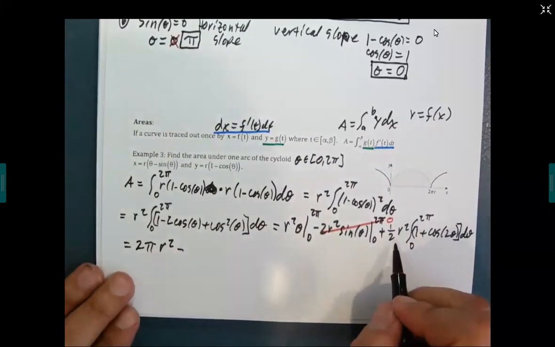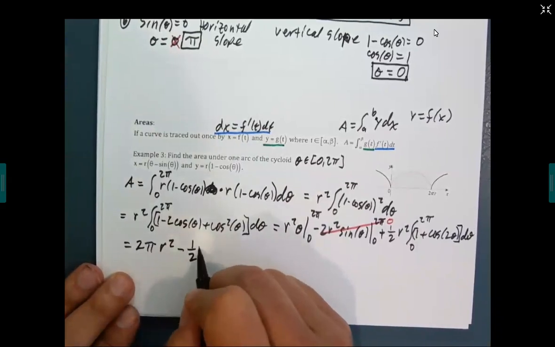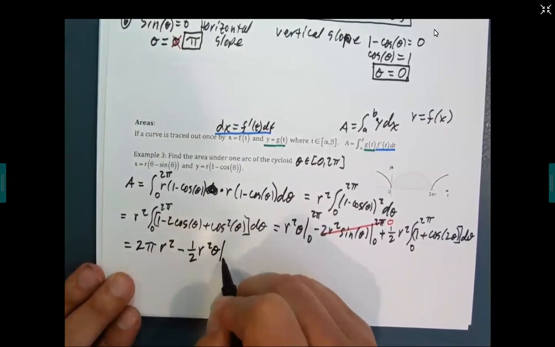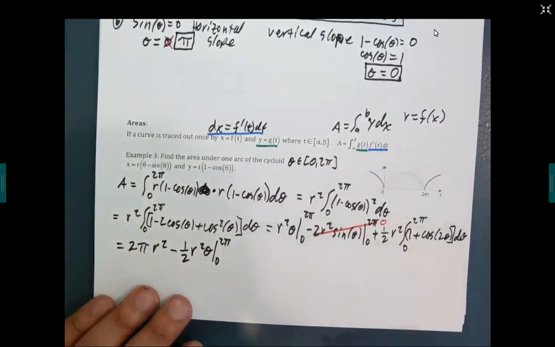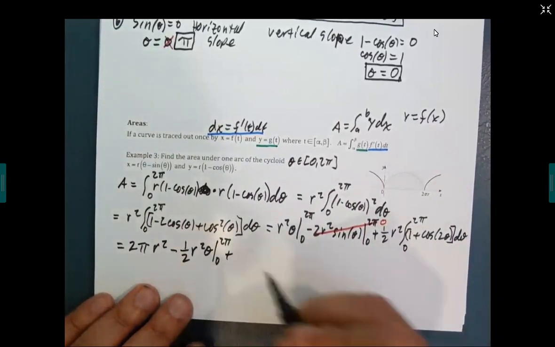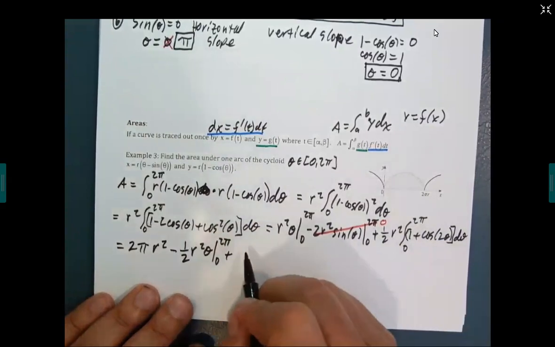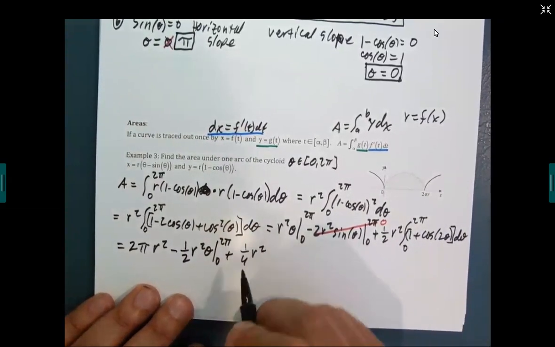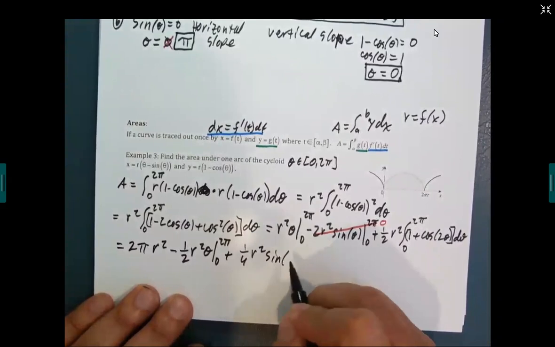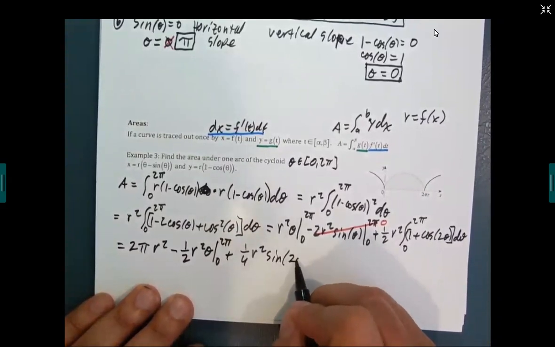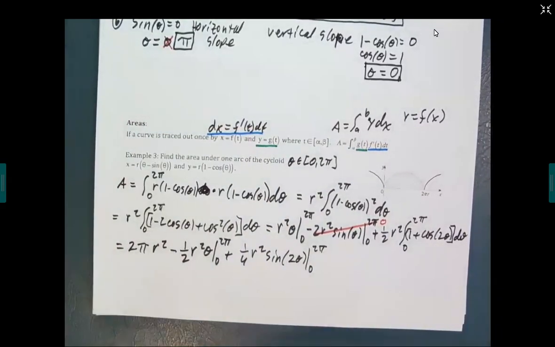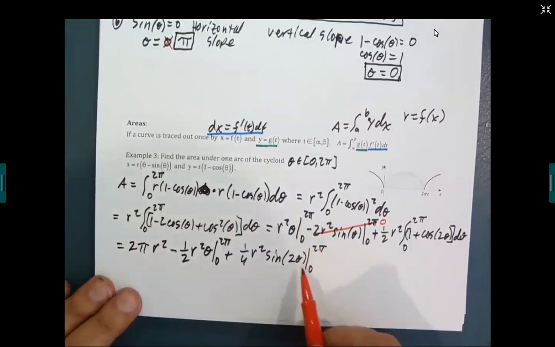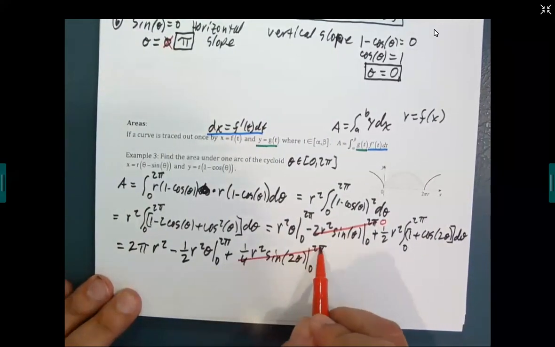Now we're here. This is 1/2 r squared theta from 0 to 2 pi. Plus, I'm going to get an extra 1/2 from there. So that's going to be 1/4 r squared sine of 2 theta from 0 to 2 pi. And again, very nicely, when I plug in 2 pi or 0 there, this whole thing goes to 0.